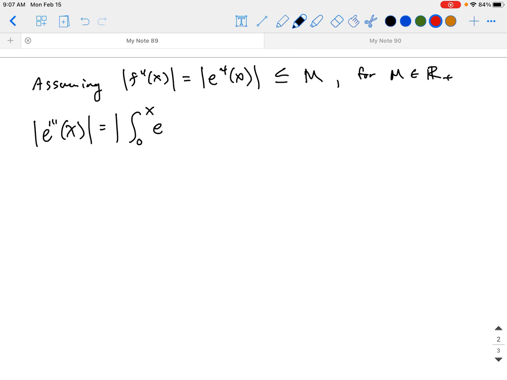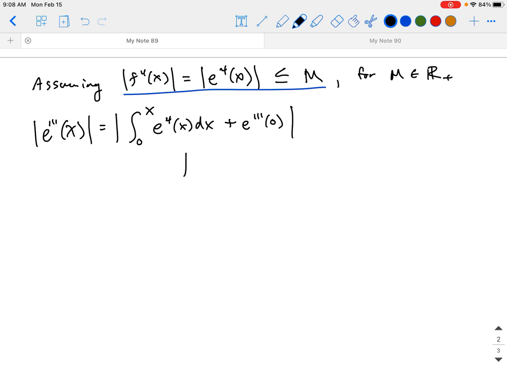So we're going to make this assumption at the top about our fourth derivative. Then the third derivative is the integral of the fourth derivative from 0 to x plus e triple prime of 0.